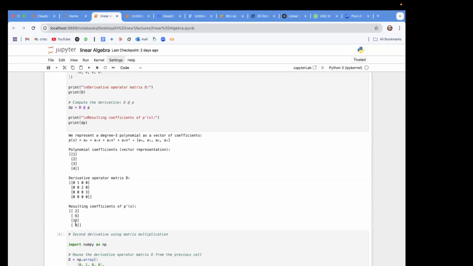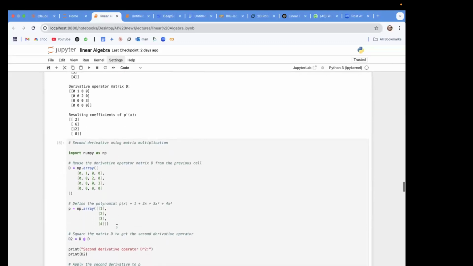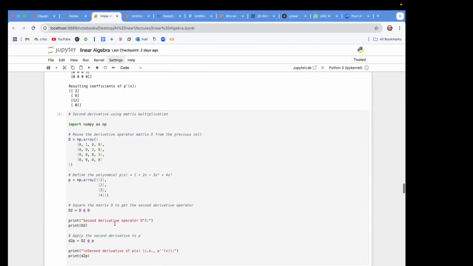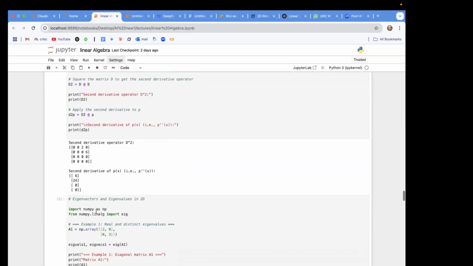What happens if you do it again? You'll get the third derivative, right? So actually what I asked it to do is create a new matrix, which is a multiplication of the 2 matrices. And this is the matrix. The beautiful thing is that this matrix is actually a second derivative matrix.